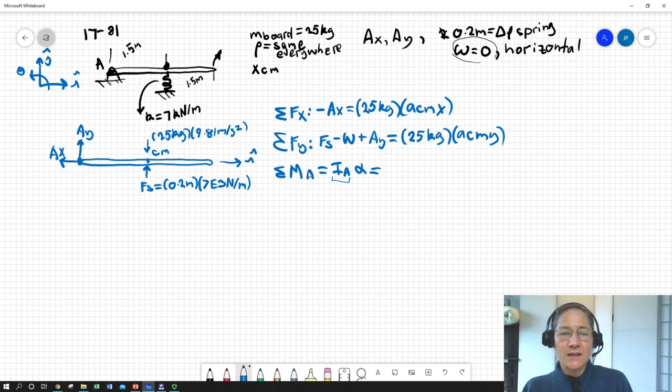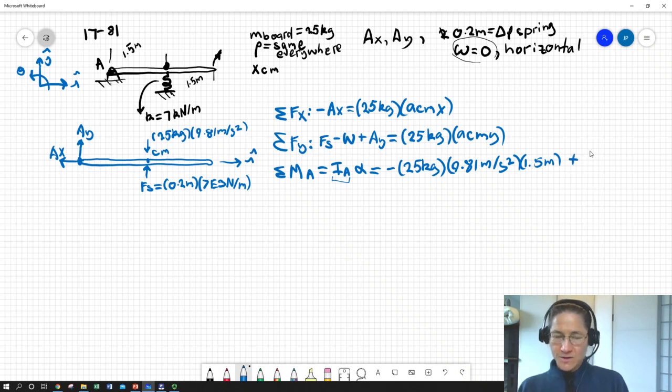So let's tally up our moments. Basically we have a negative moment coming from the weight. So we're going to have a negative 25 kilograms times gravity, and that's acting at 1.5 meters.